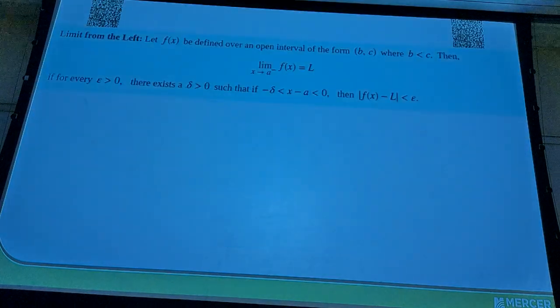Define the limit from the left, which is done the same way, but notice it's now negative delta less than x minus a, less than 0. We just applied the fact that the absolute value turns into the negative of x minus a, and then distribute the negative out.